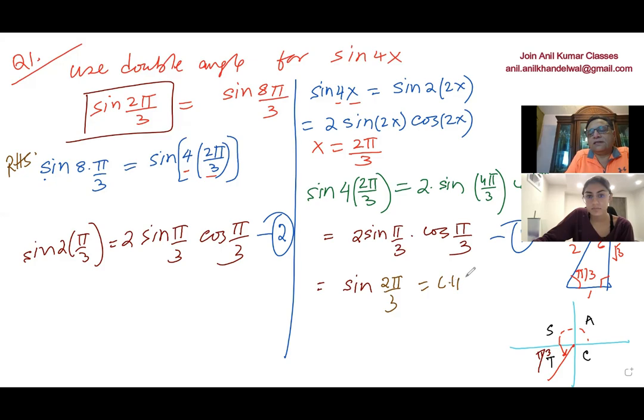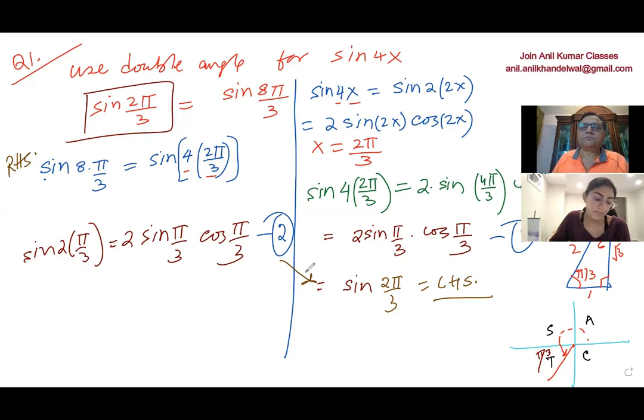Is that okay? Yes. So that is how you will actually show it. So you have to apply this double angle formula a couple of times and then get the result. Right, this makes much more sense.